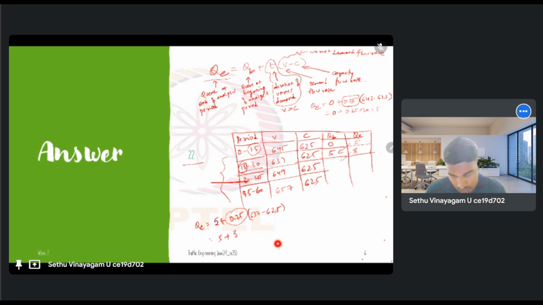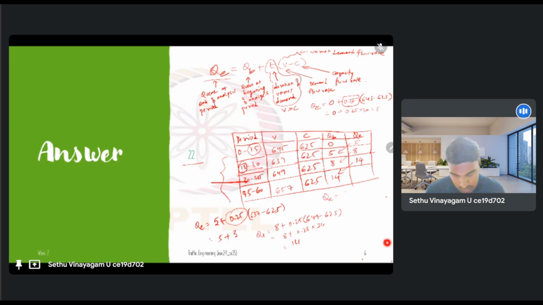Okay, again this will become your Q at the beginning of the third period. So for the third period, 8 plus 0.25 into 649 minus 625, is 8 plus 0.25 into 24, which is 14. And for the final fourth analysis period, same thing.